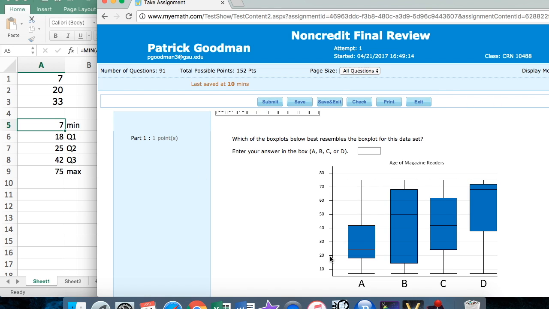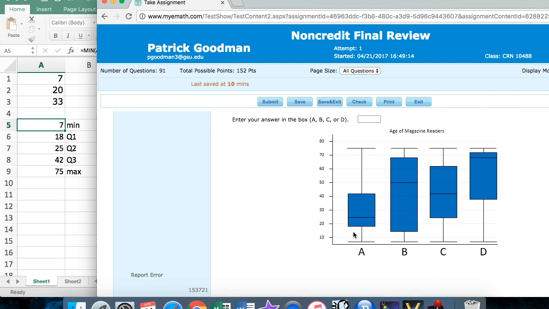So Q1 here is 18, so look for something that starts on 18, approximately close to 20. A looks pretty good, right? B, I don't know, it looks more like it's closer to 15 or 16, but we'll leave that one there for now. So maybe A and B are possible answers.